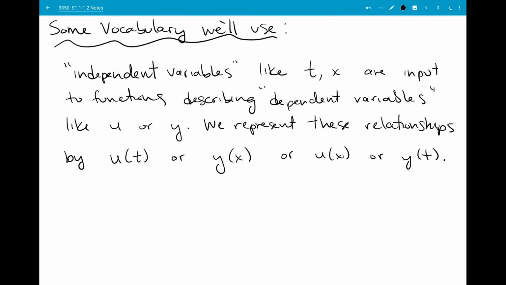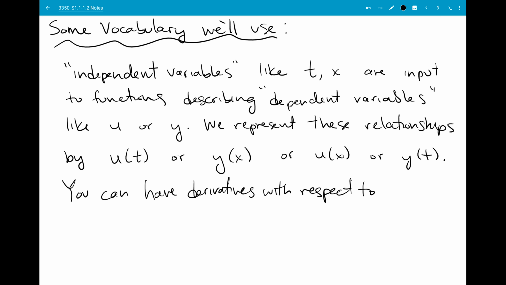So we had just gotten to this idea of having independent and dependent variables. And so if you have any sort of independent variable, you should recall from calculus classes that you can have derivatives with respect to independent variables.